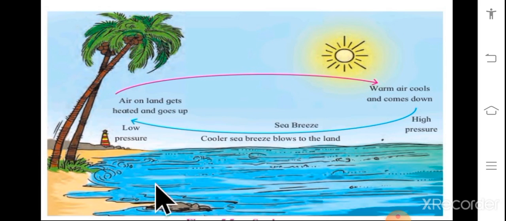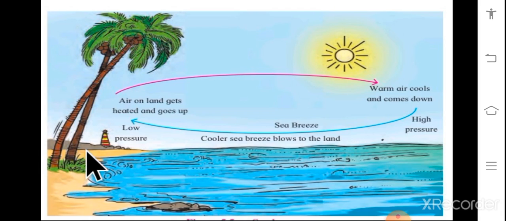In the coastal area, meaning near the sea area, land gets heated during the daytime, hence the air on the land also gets heated and the air pressure on the land decreases. Means what happens?